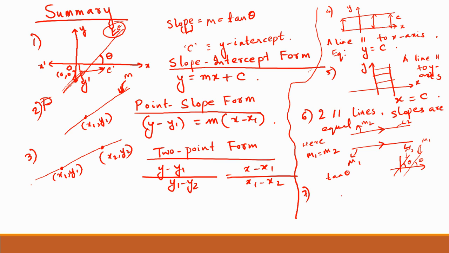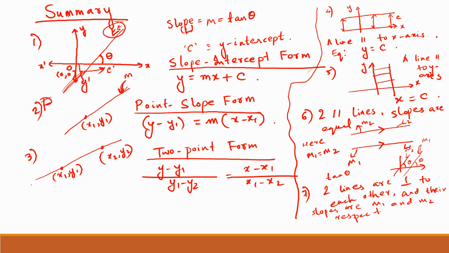So number 7: if two lines are perpendicular to each other and their slopes are m1 and m2 respectively, then m1 times m2 will give you -1.